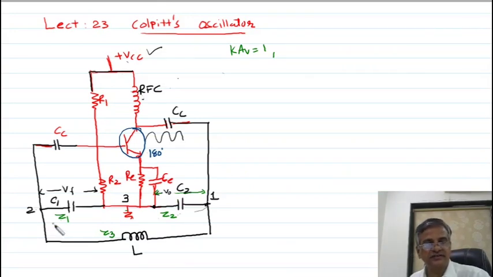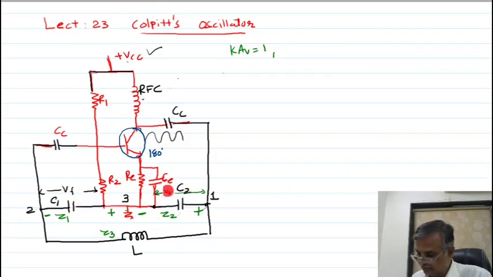At some instant, if terminal 1 is positive with respect to 3, then at the same instant terminal 2 should be negative with respect to 3. So you can see that a 180-degree phase shift is produced between the voltage across C2 and the voltage across C1.